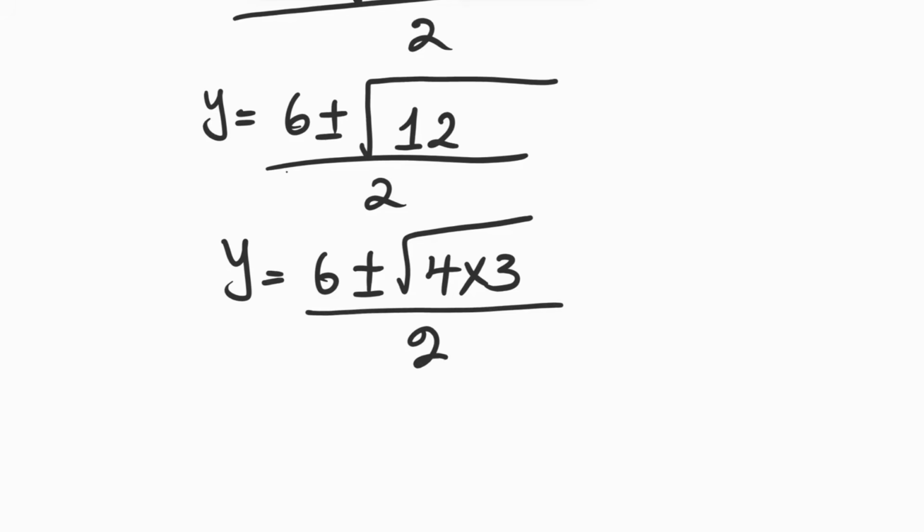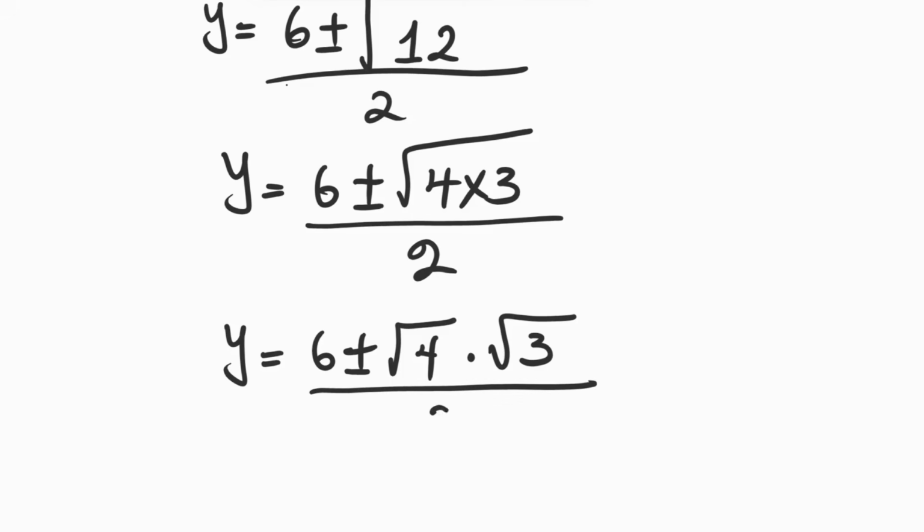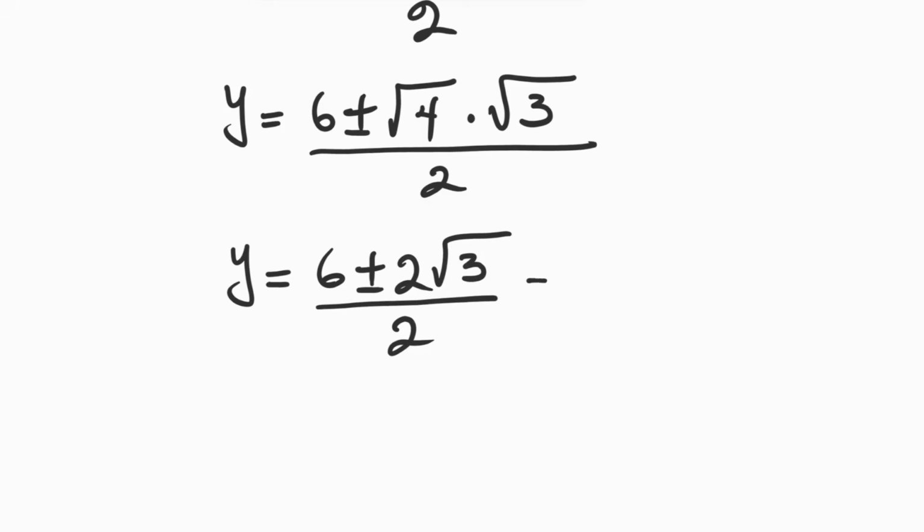So y is equal to 6 plus or minus, putting them in separate square roots, root 4 times root 3, divided by 2. So y is equal to 6 plus or minus 2 root 3, all divided by 2.